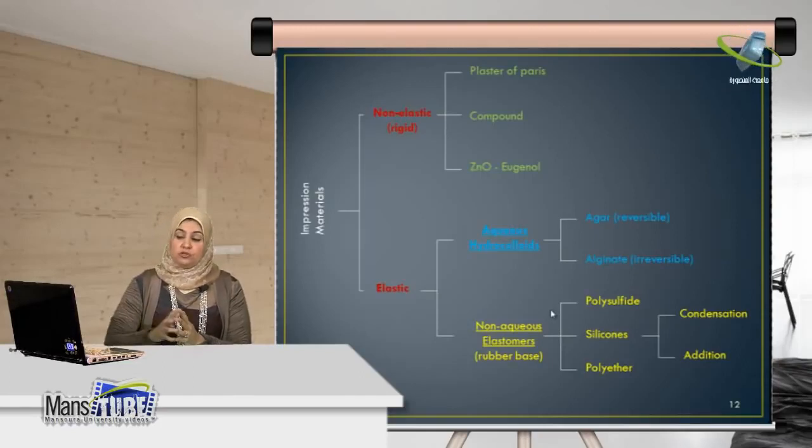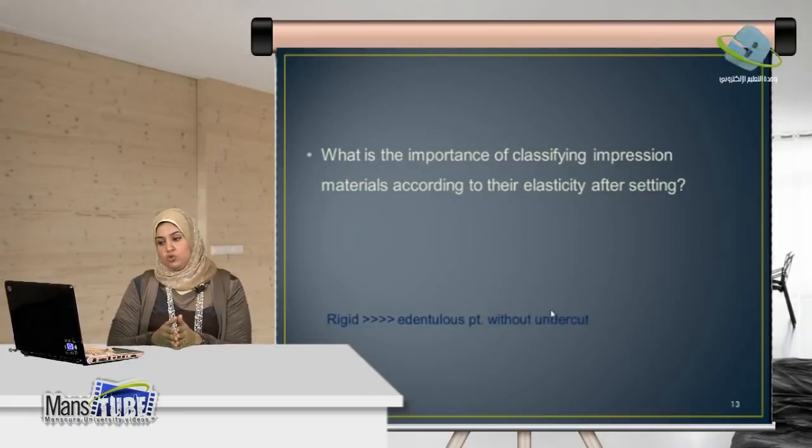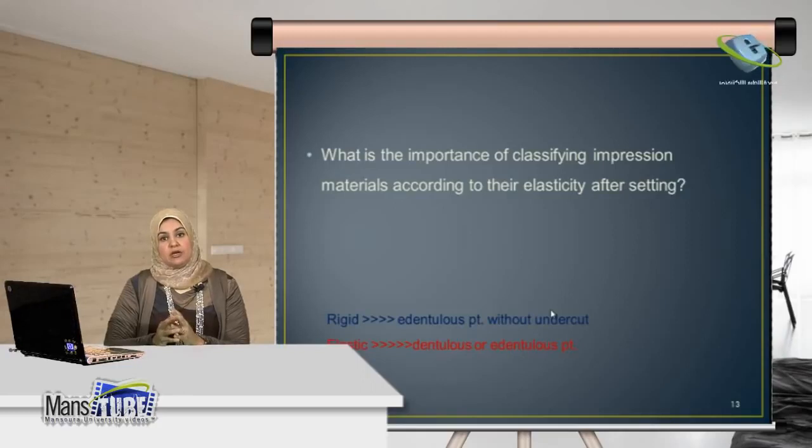So what is the importance of classification of impression materials according to elasticity after setting? Of course, we know here that if the material is rigid, it is indicated only for edentulous patients without undercut. As we said before, rigid impression materials are used only for edentulous patients without undercut, because when the rigid impression material gets inside the undercut, it will be difficult to remove from this undercut without breaking.